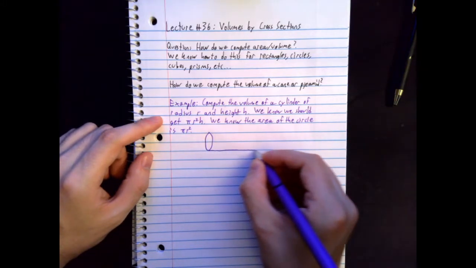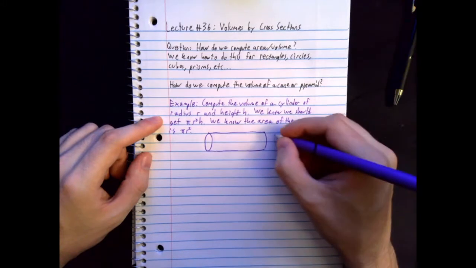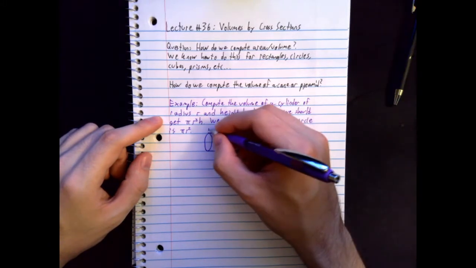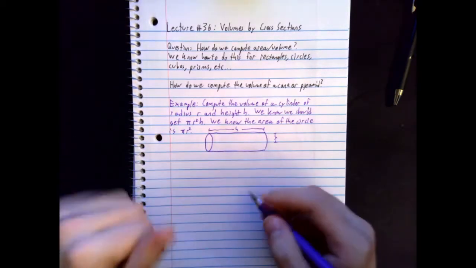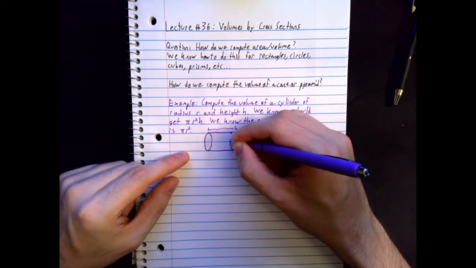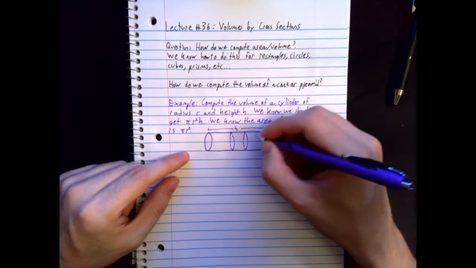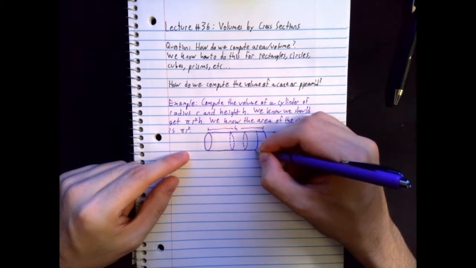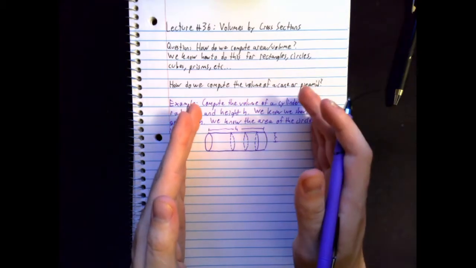So here I've got my big cylinder. So this is r, and this is h. I can think about taking this cylinder and cutting it up into a bunch of little discs. And then what I can do is add all those disks together.